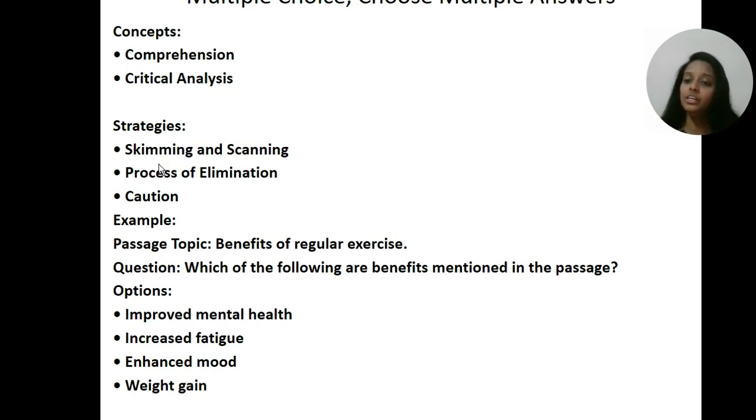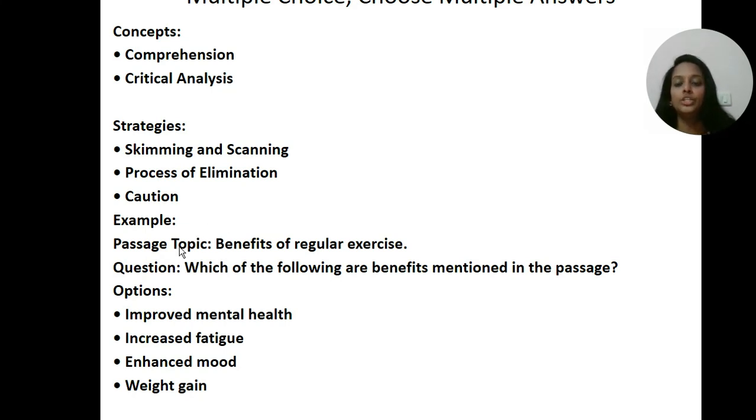And the strategies here are also the same, like skimming and scanning. Just quickly identify key information and relevant sections. And the process of elimination, yes, you need to discard options that are clearly incorrect or not supported by the text. And caution, yes, avoid selecting options that are only partially correct or contain misleading information.